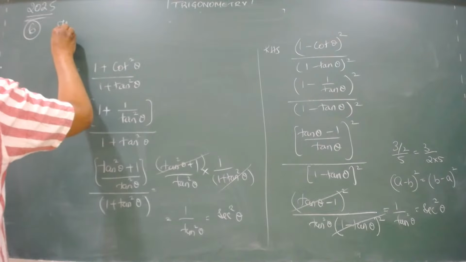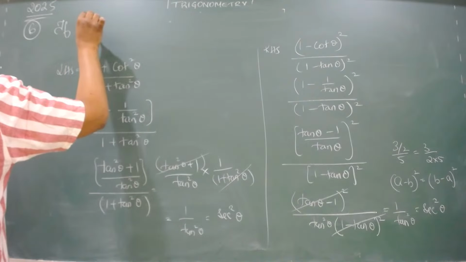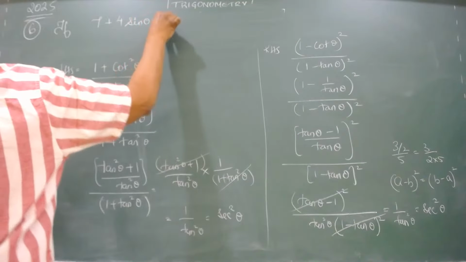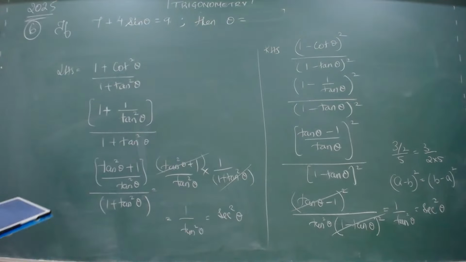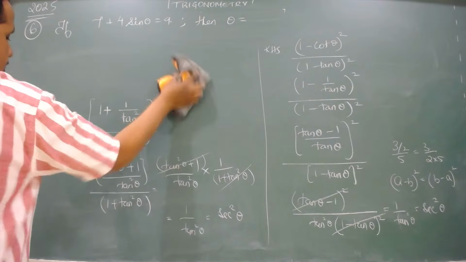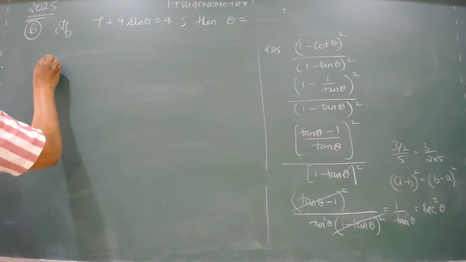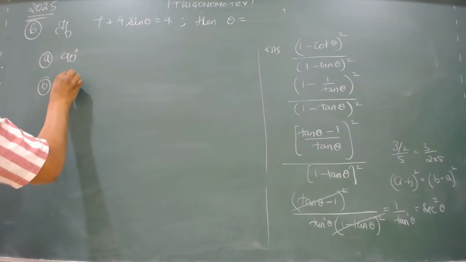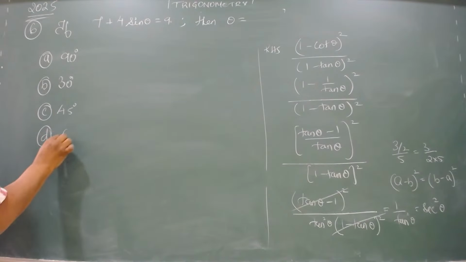If 7 plus 4 sin theta is equal to 9, then theta is: option A 90, option B 30, option C 45, option D 60.